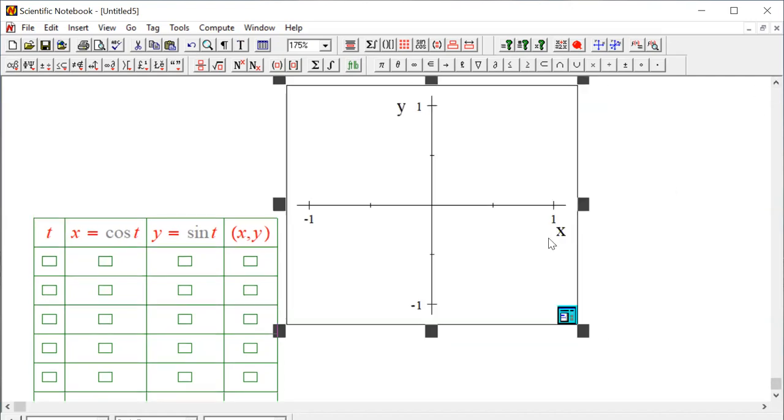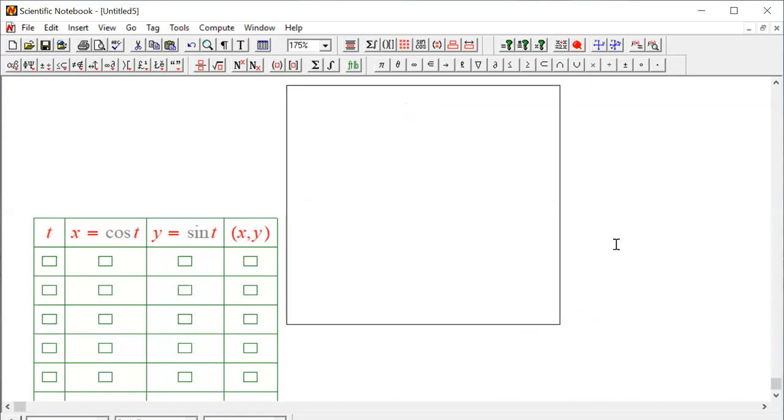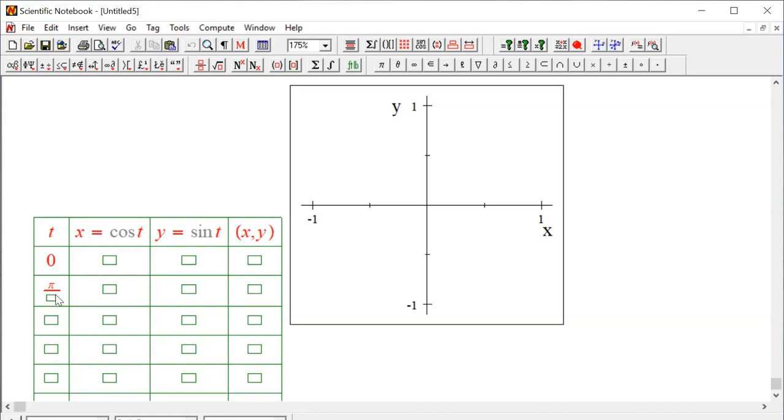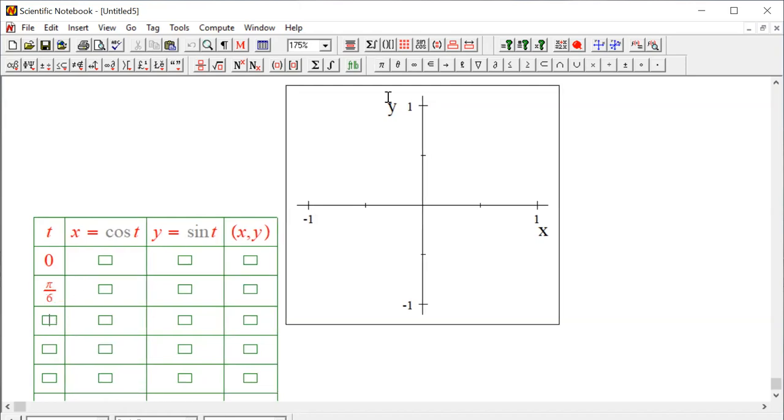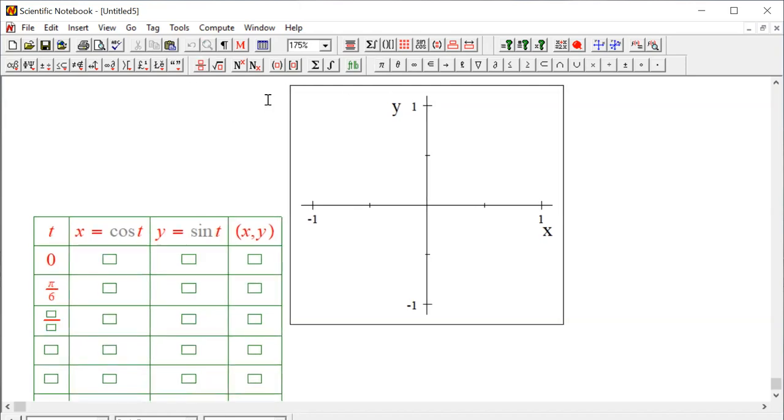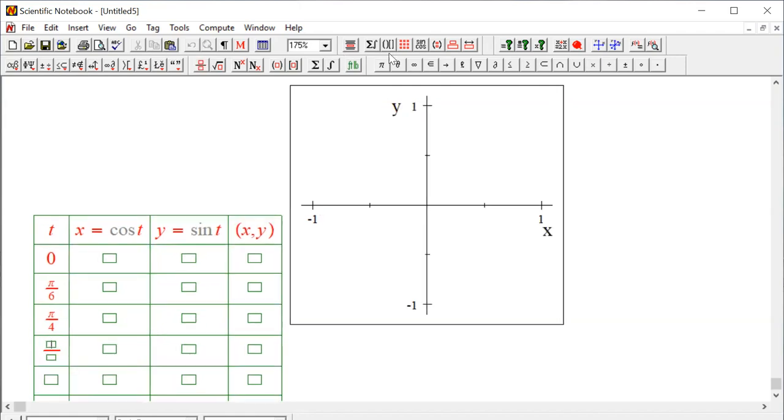Well, how about special values? Because the t are the input for cosine and sine, right? And we can choose time. We can choose, say, time equals 0 and time equals pi over 6, right? We can choose pi over 4, pi over 3.